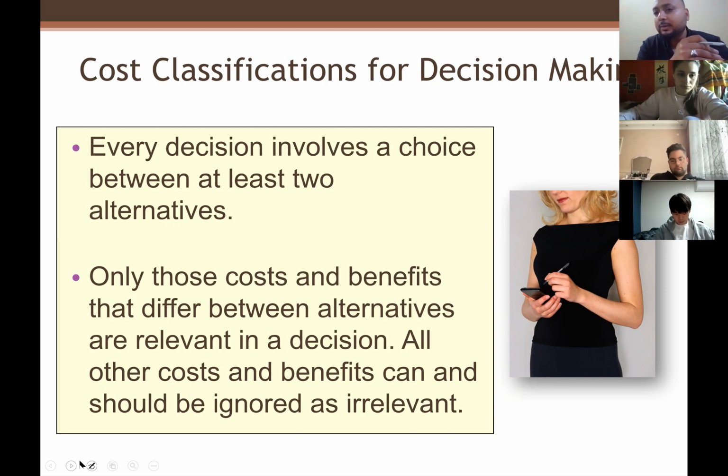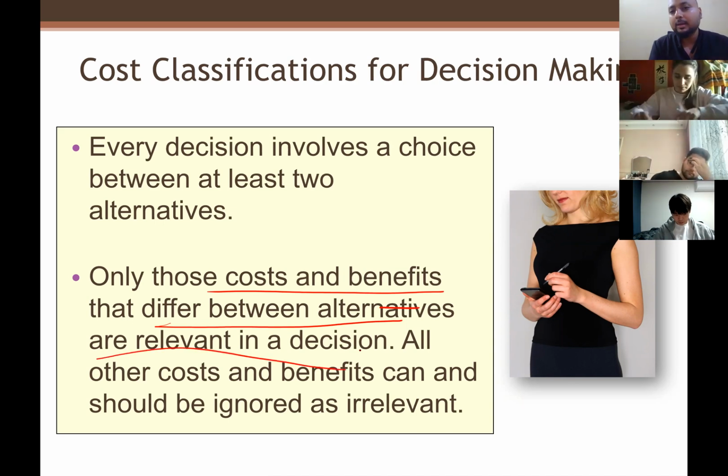Every choice has at least 2 alternatives. So only those costs and benefits that differ between alternatives are relevant in decision making. If 2 situations are similar in these 2 choices, it means that they are not choices for decision making.